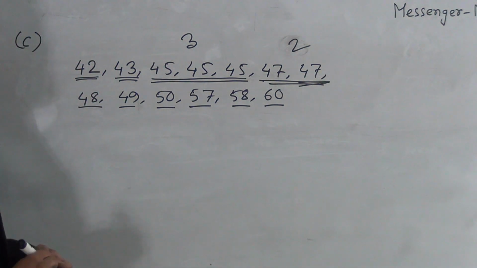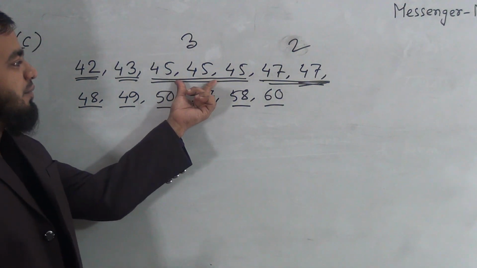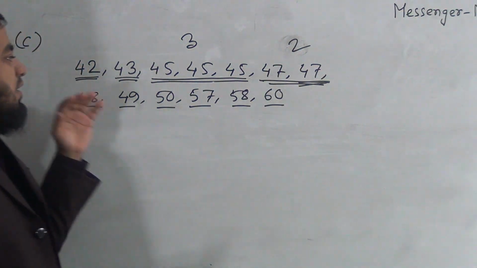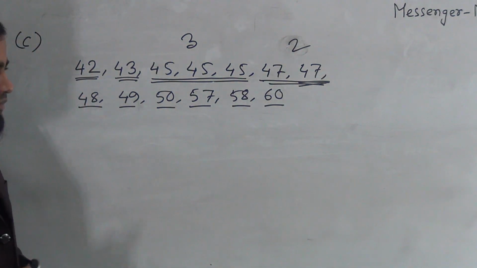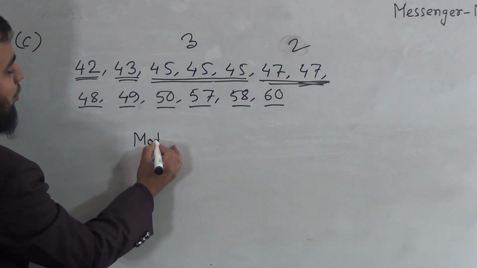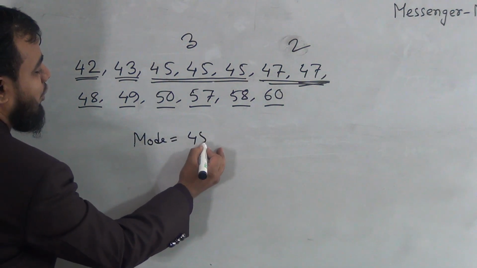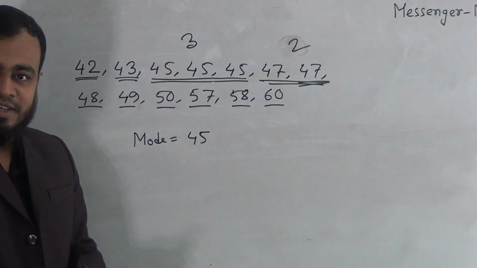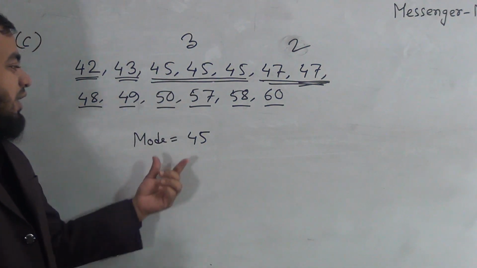That means 45 repeated 3 times, 47 repeated 2 times, and the other numbers repeated only one time. So our mode will be what? Our mode will be 45, because 45 appears here more times. That is why our mode is 45.